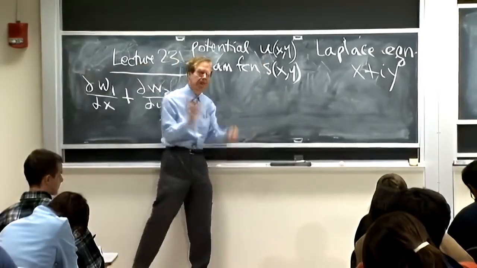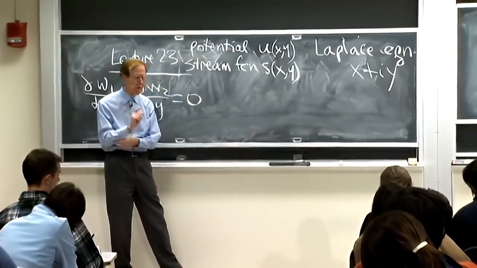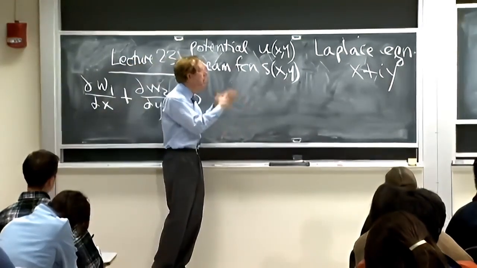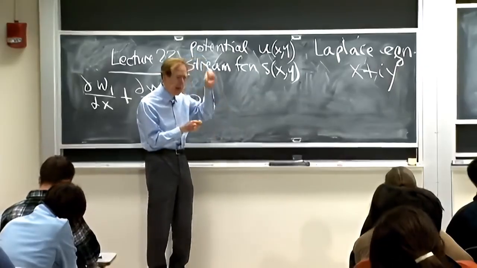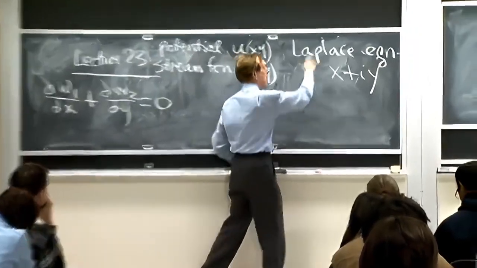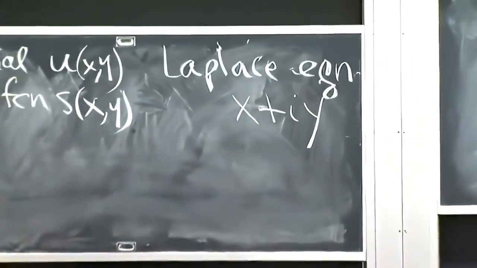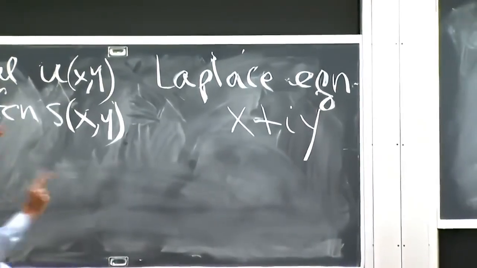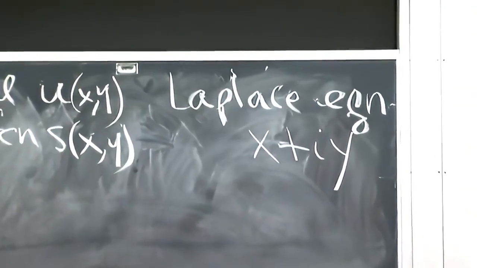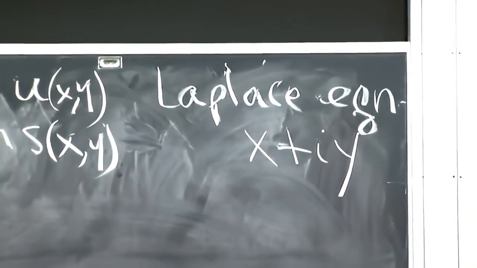And the connections between those two functions, u and s, are crucial. Connecting gradient to divergence will take us to Laplace's equation. And then you'll see the special role of x plus iy in 2D. So this is in 2 dimensions.